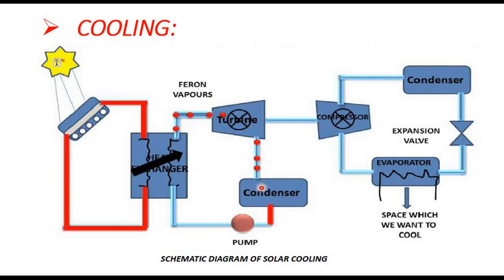First of all, sun radiation is collected by the heat collector, and it will convert the solar radiation into heat energy, and it will give heat energy to this water by this heat exchanger, and due to heat from the heat exchanger, this water will be converted into steam.